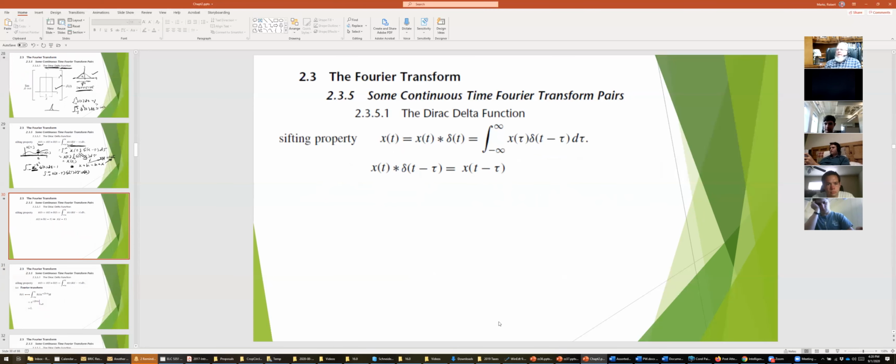Here's a very important property of the Dirac delta in terms of convolution, and we're going to be using this quite a bit because it's a very powerful result.